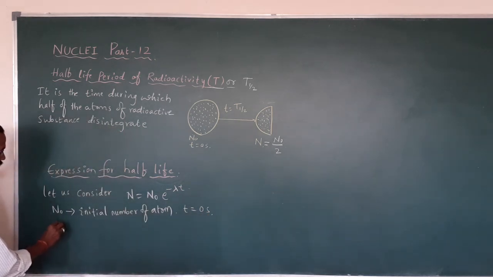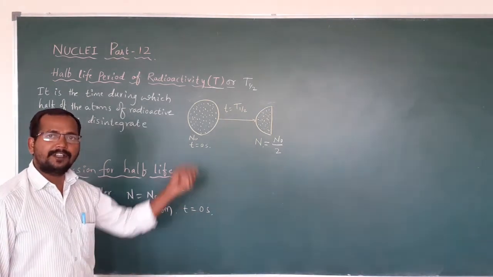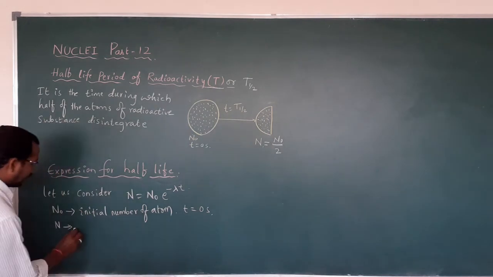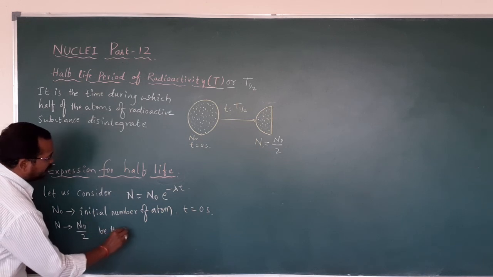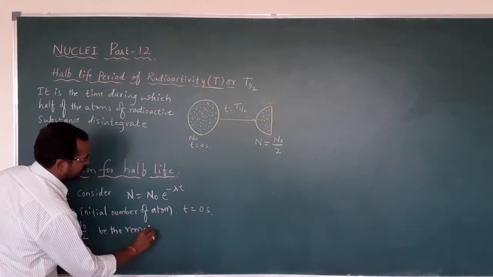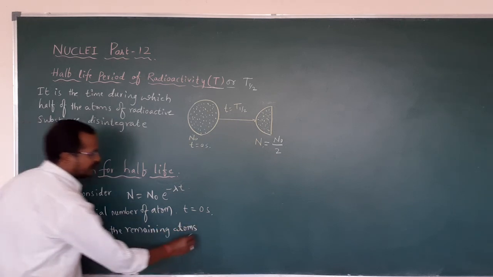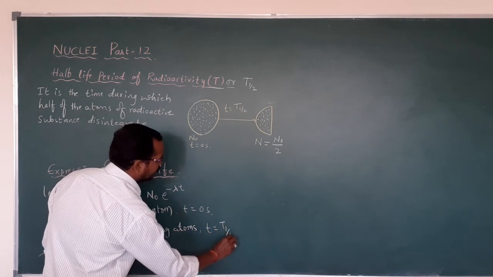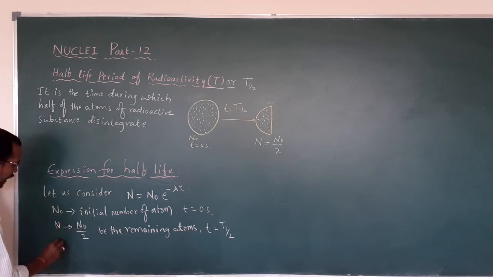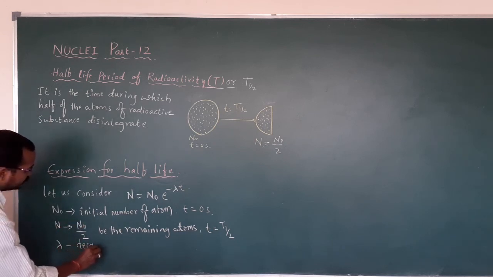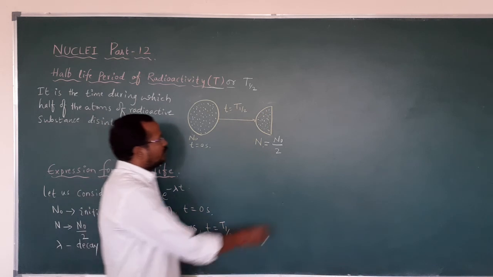Now N be the remaining number of atoms after disintegration of T half life, that is, N is equal to N naught by 2 be the remaining atoms after disintegration. The time at that point is T half, where lambda is the decay constant.